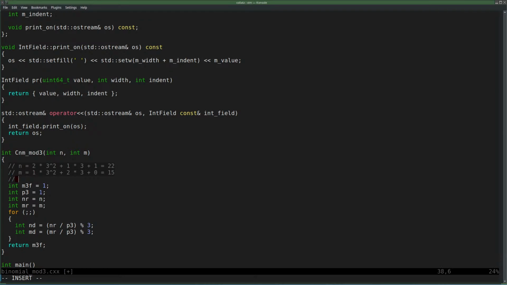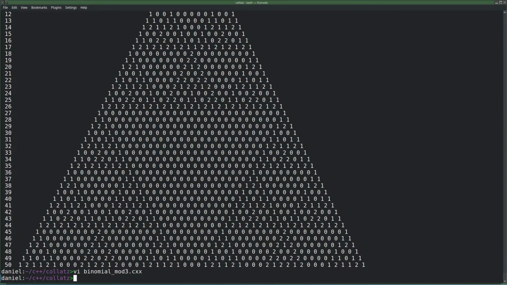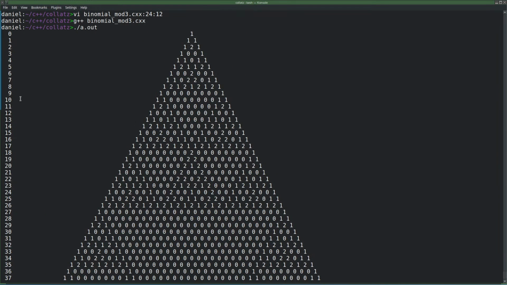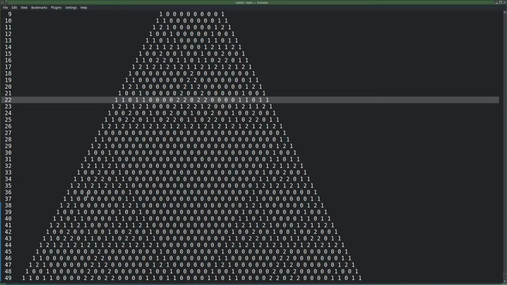And then, of course, as a test, I want to know what the actual value is. N is 15 and M is 15. I have that here. M is, what did I say? N is 22. Right?